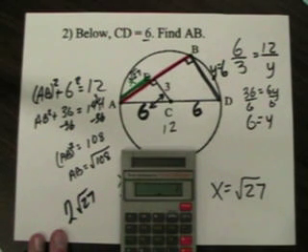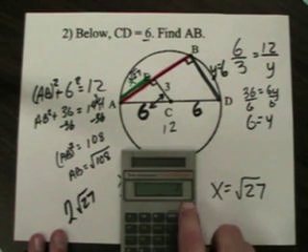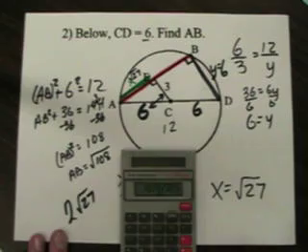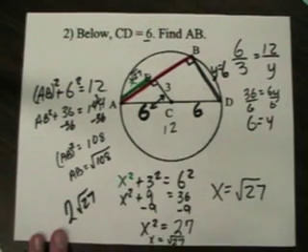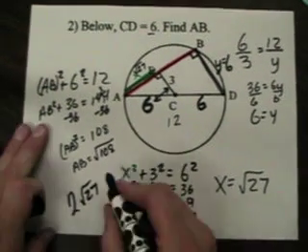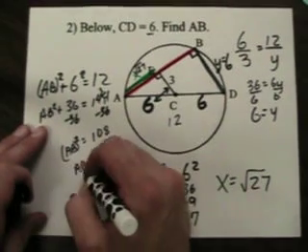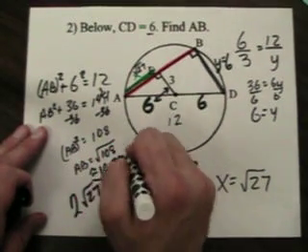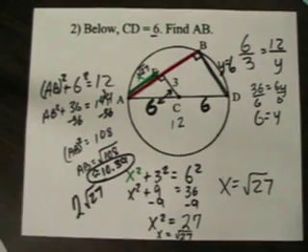And 2, let's see, clear. The square root of 27 times 2 is also about 10.39. So a couple of different ways, get the same answer. So AB is about 10.39, and I'm a good student, so I circled my answer so you could see it.